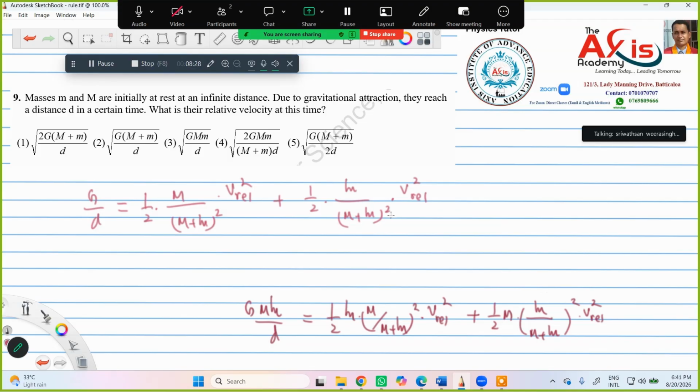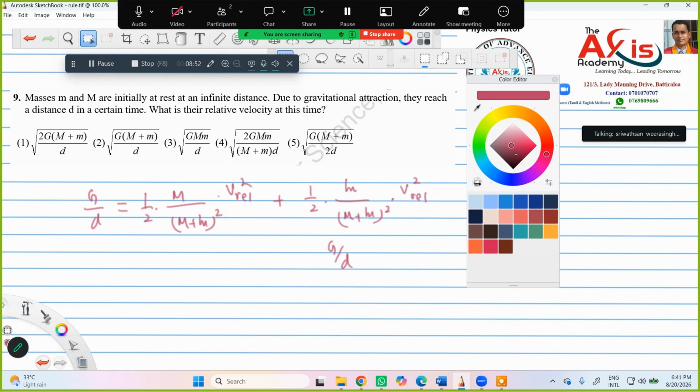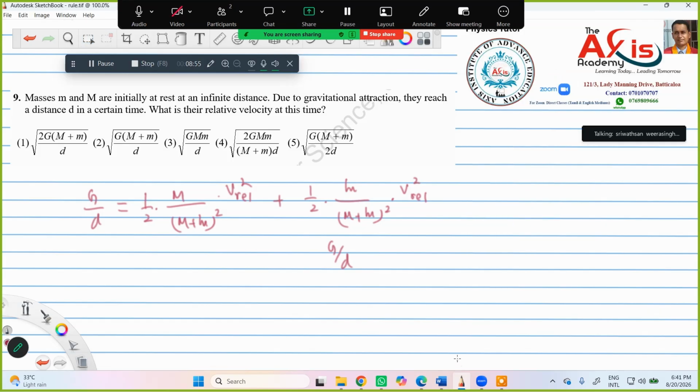From this we have to find V relative. G over d on the left side equals half into 1 over capital M plus small m whole square, which is common, and we can take it out.